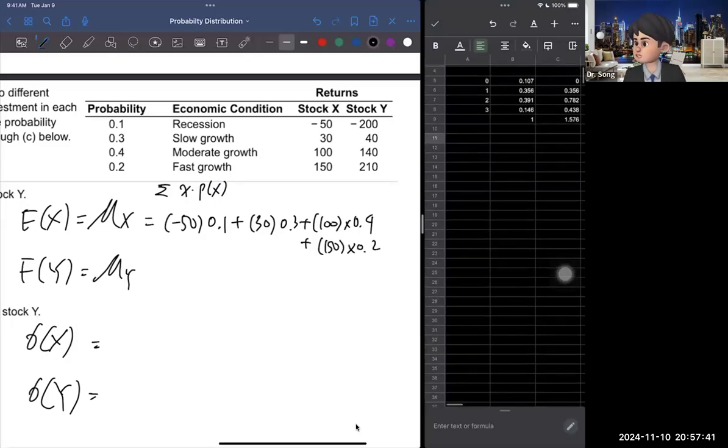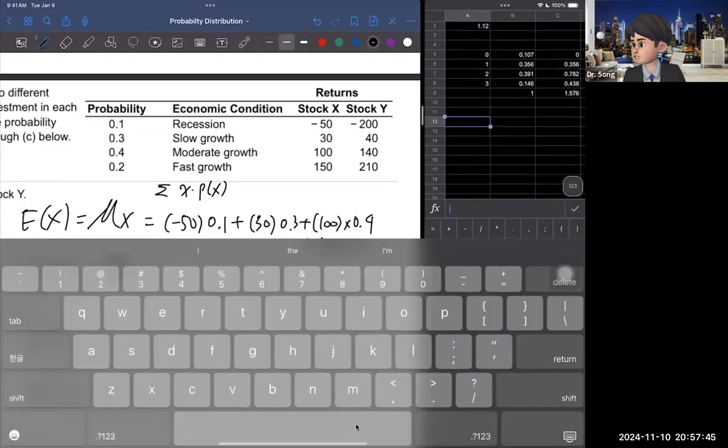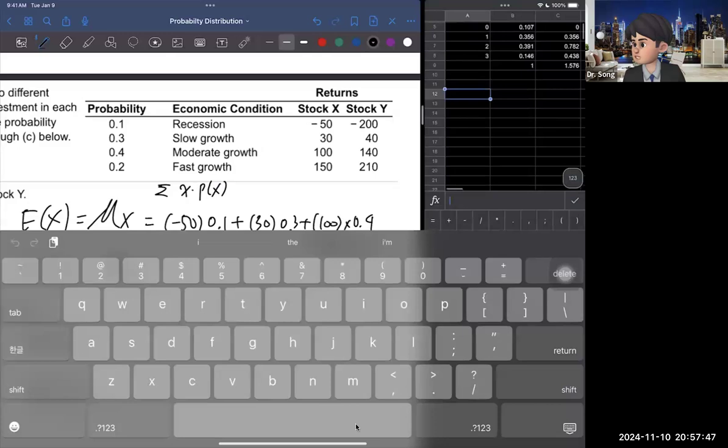Of course, you can do the same thing in a spreadsheet. Let me write it down this way. The first column is the stock return of X: negative 50, 30, 100, and 150.